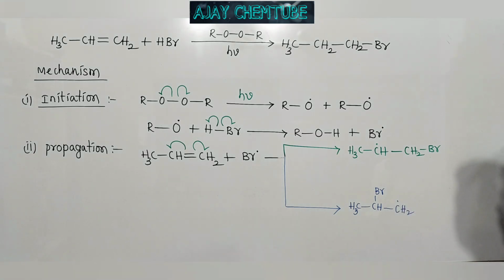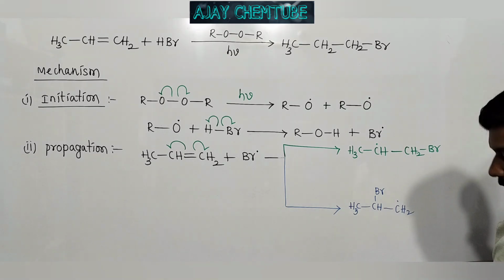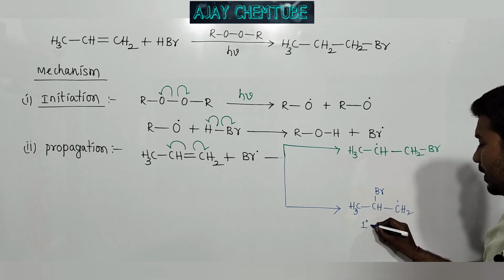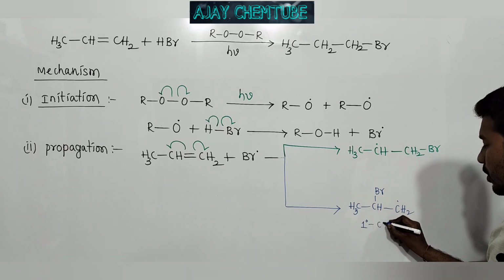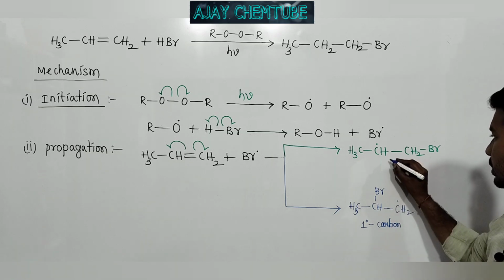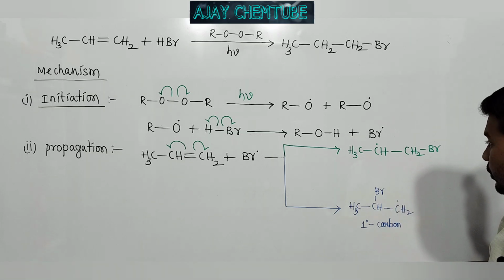Between these two, which is more stable? This is a primary carbon free radical. This is a secondary carbon free radical. Which is more stable?